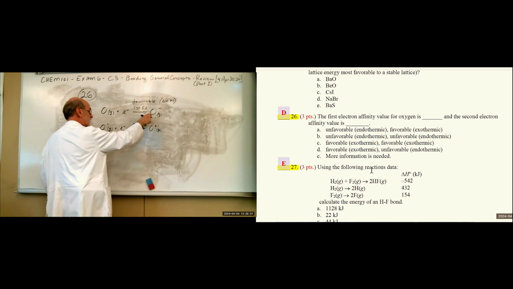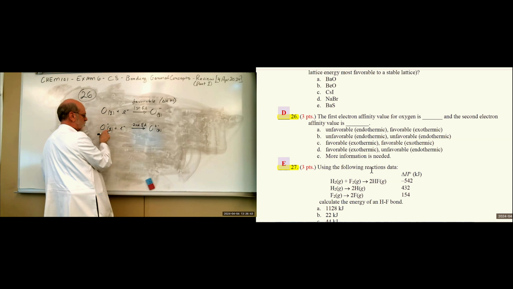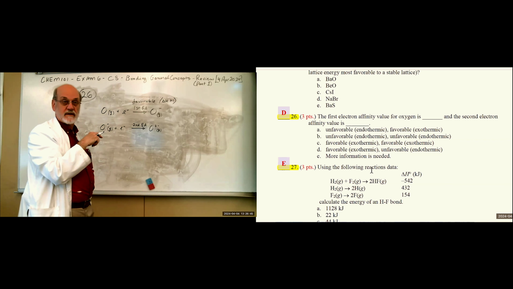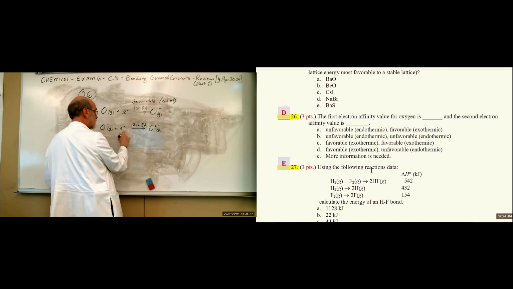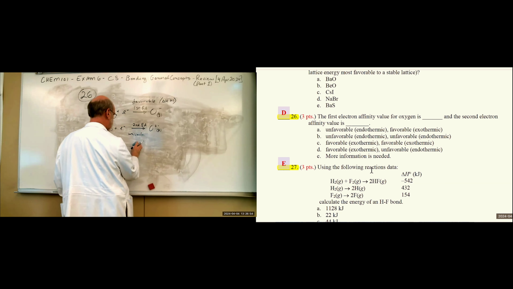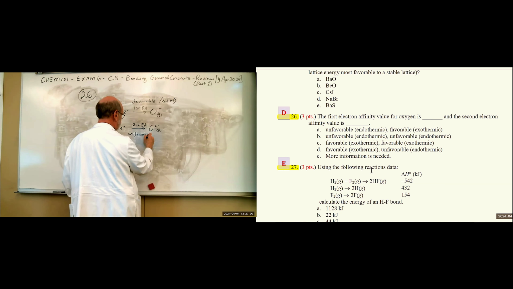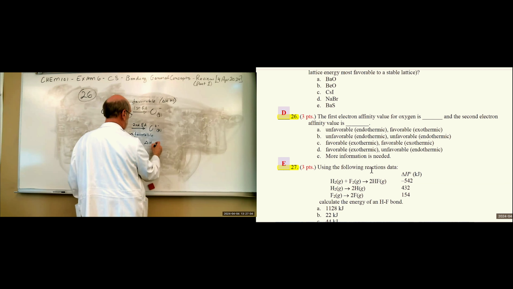Now, once you've got this negative, you've got a negative source against a negative source, they're going to be repulsive. So this is going to be unfavorable. And that means delta H is going to be positive.